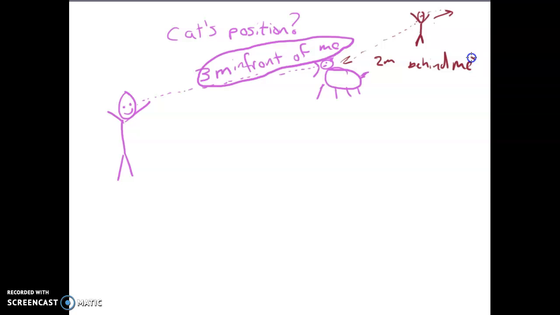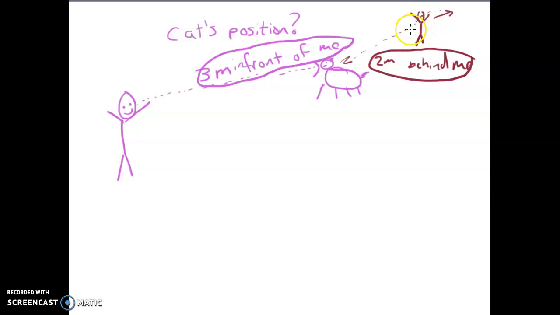So the cat hasn't moved. Its position has changed though, even though the cat hasn't moved, because the cat's position has got to be relative to a reference point.